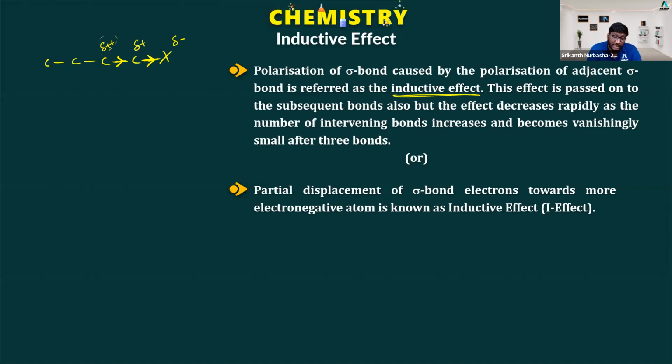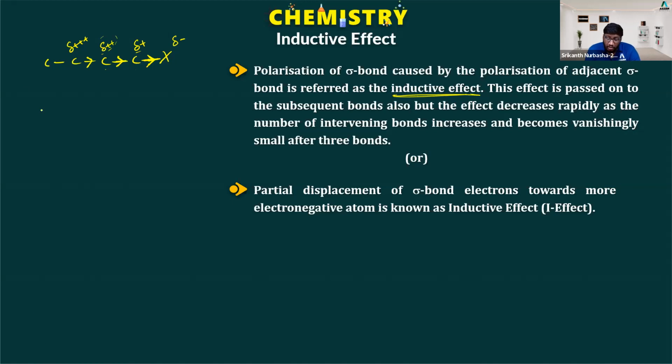The polarity is developed on the real bond due to electronegativity difference. These two carbons have no electronegativity difference. The movement is happening only because of this partial positive charge. Again, subsequent movement happens, so delta plus plus plus. After this bond, the polarization is almost nullified or almost zero.